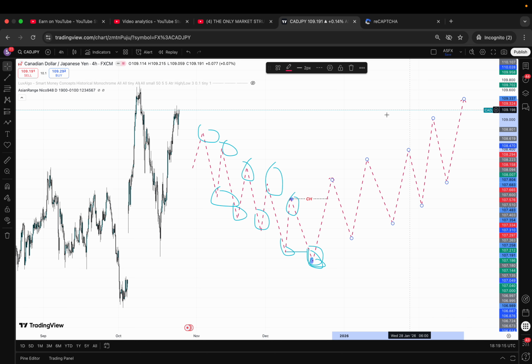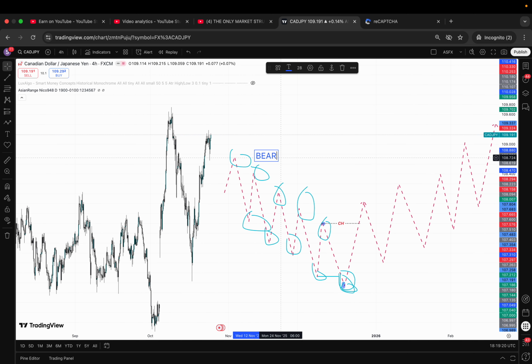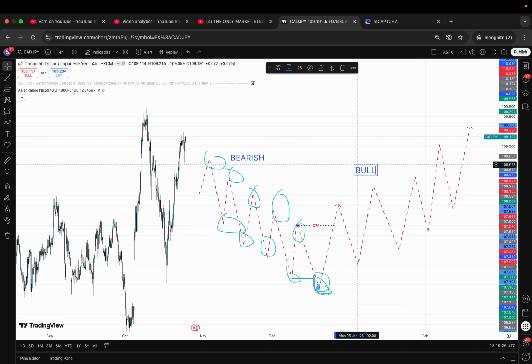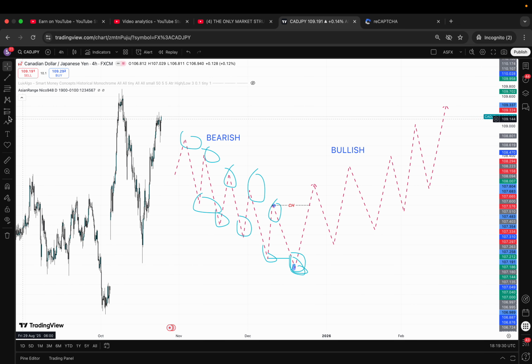Now we know that the market has switched from being bearish to being bullish. How do we know that? In a bearish market, price was creating lower highs and lower lows, as in this circle. The market failed to create a new lower high and then created a new higher high, which is called a change of character.